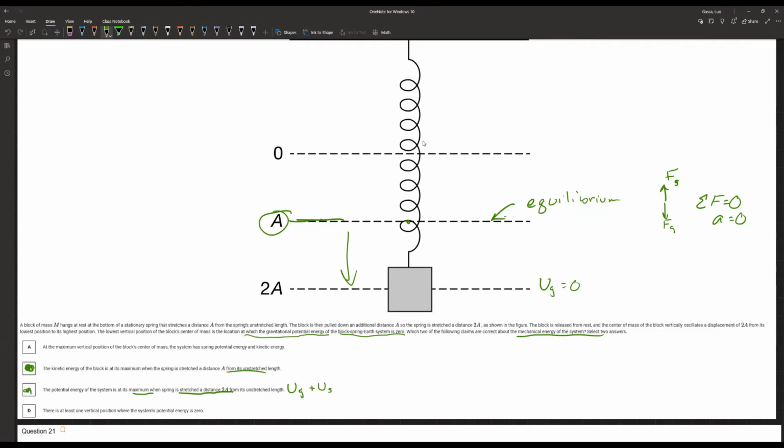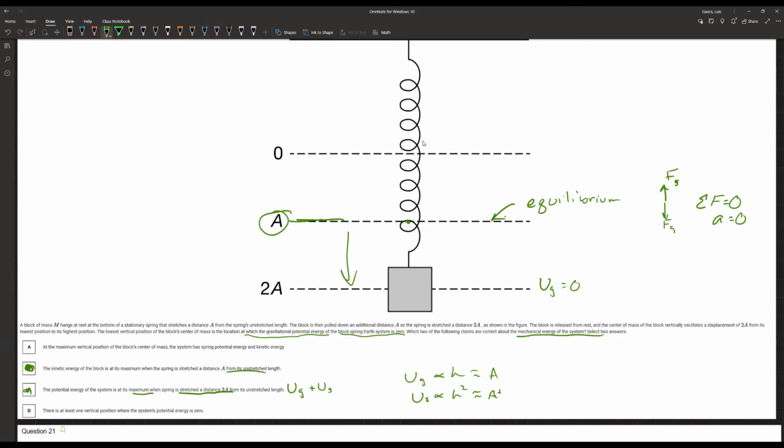It's going to be the sum of gravitational and spring potential energy, such that if this guy oscillates a distance A away, even though the gravitational potential energy here is 0, we have stretched the spring, creating spring potential energy. And as this guy gains gravitational potential energy, UG is proportional to the height, which is essentially the distance A, whereas spring potential energy is changing in proportion to h squared or A squared.